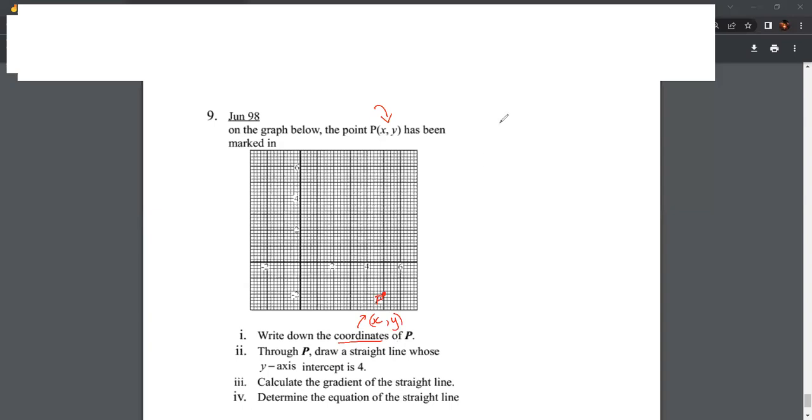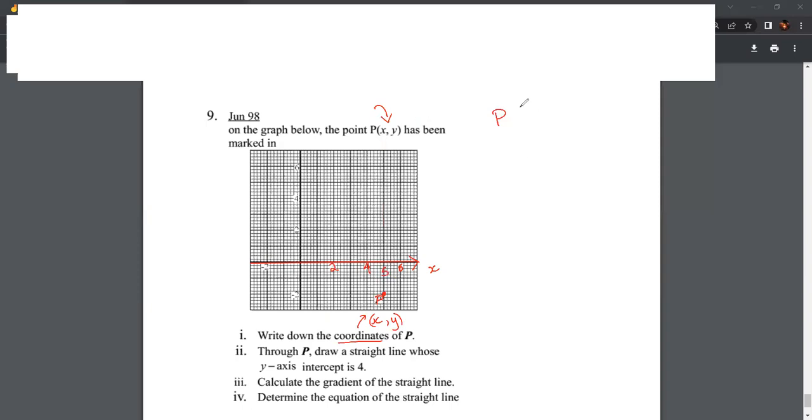So in a case like this, we're going to go to our graph. Remember, although my x-axis is horizontal, my x values are read vertically. So if this is 2, this is 4, and this is 6, it means that in between 4 and 6, that line has to be 5.